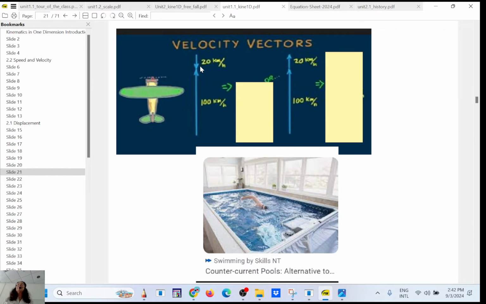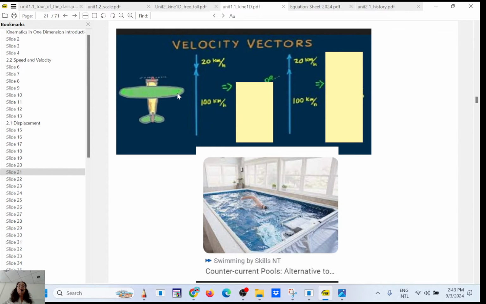But at the same time, you have a headwind, right, opposing the airplane. So relative to the ground, the velocity of the airplane will be what? 80. Of course, the wind is going to slow you down. So it depends on your frame of reference.